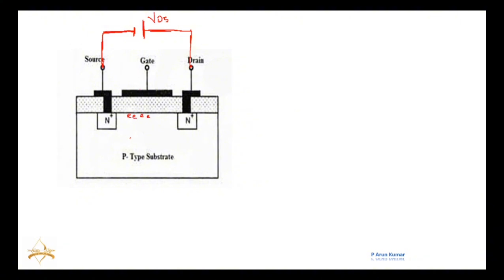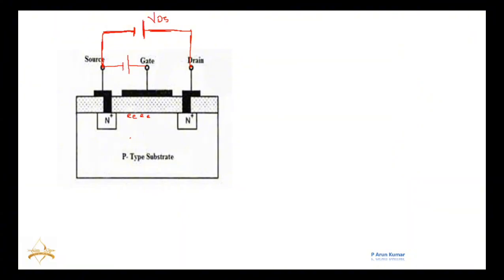So we have to attract the electrons from the P-type substrate. Of course, in the P-type also the electrons will be there. They are minority charge carriers. We have to attract those minority charge carriers. To attract these electrons, we have to connect the gate to a positive terminal, and the source is a negative terminal.